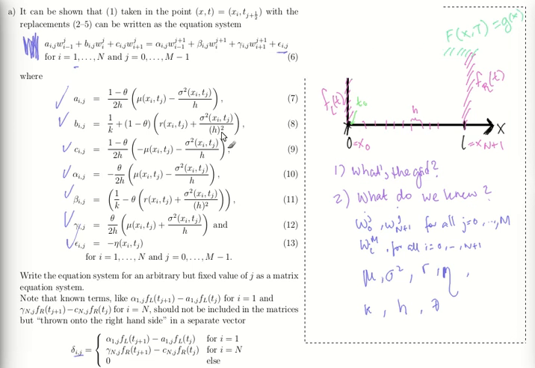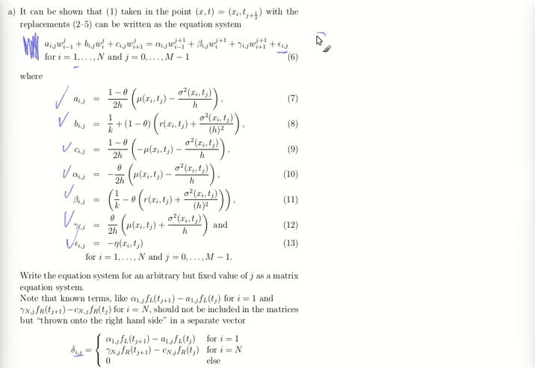For j equal m minus 1, you have W m i minus 1 plus W m i plus W m i plus 1 with some coefficients in front.